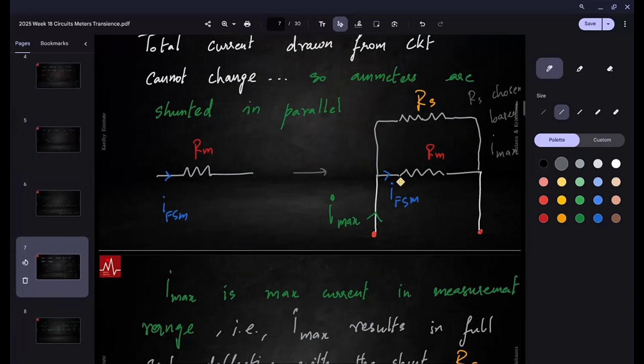What is the relation between these four? The relation between now Imax, IFSM, RS, RM. Anyone write down the relation? Look at it. In simple sum, KVL, KCL will give you. Now these are two parallel resistors. So what is the same across them?